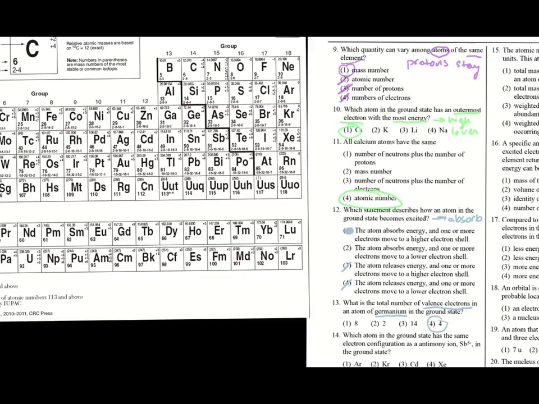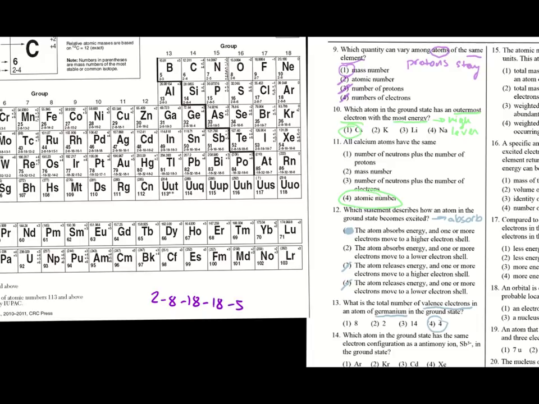Number 14. Which atom in the ground state has the same electron configuration as antimony ion Sb3- in the ground state? Okay, this is a little tricky. So we need to find antimony. That's Sb. So the original configuration in the ground state for antimony is 2, 8, 18, 18, 5.